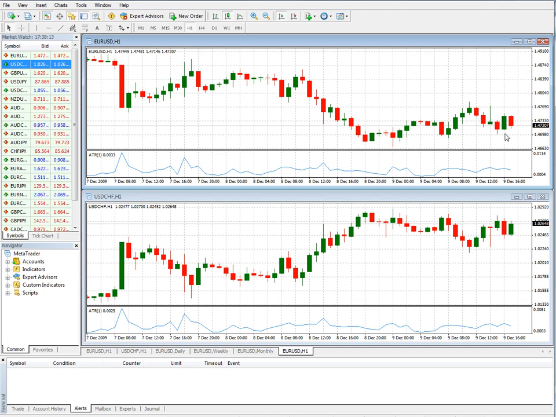There are ways that you can offset your risk by using correlation that are very, very handy. So here, let's take a look here. Now let's see. Let's say we wanted to go short here. Okay.